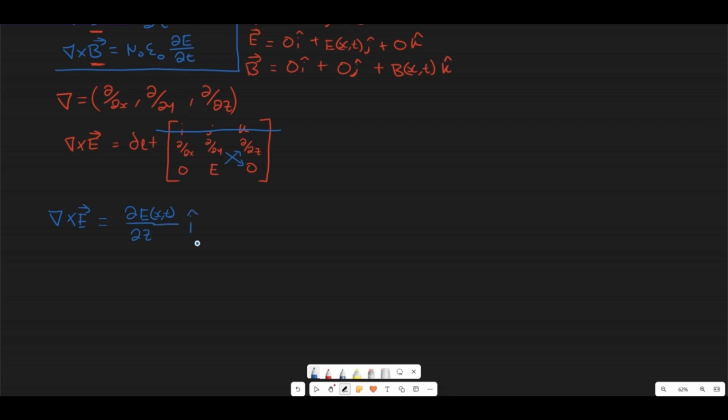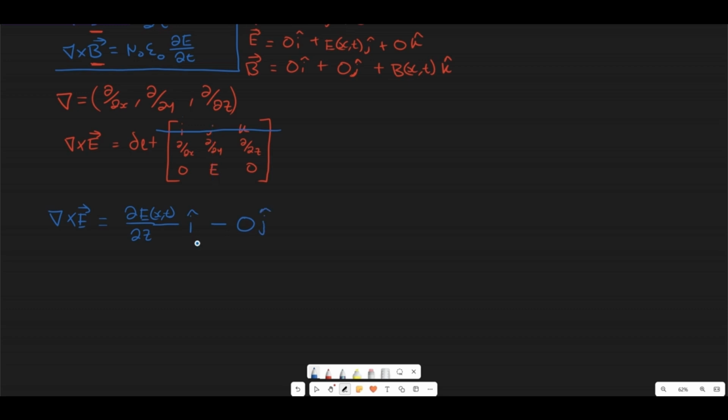And then now we're going to block out this column here, and it's going to be a minus. And then we take this and this product, and both of them actually end up being 0. So this is just going to become 0 j hat.